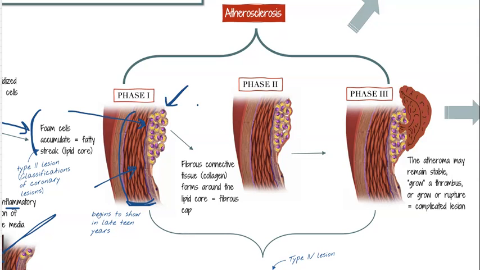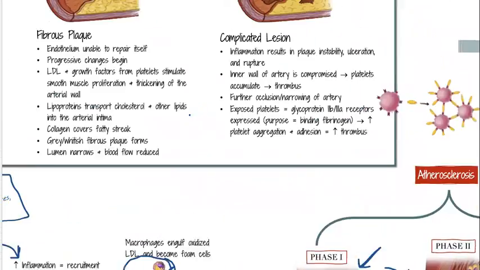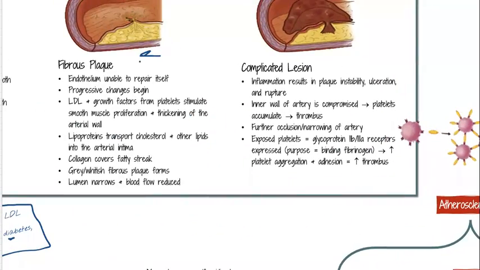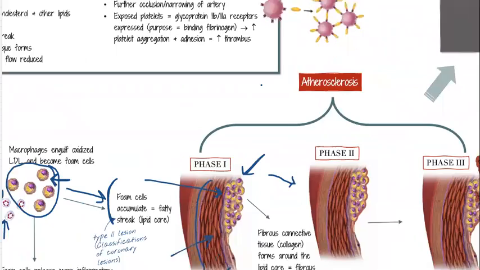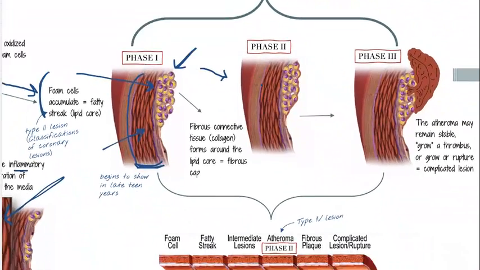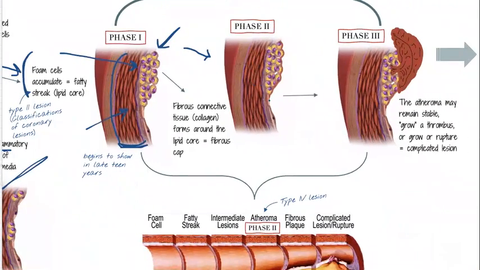Here we have this phase 2, which is basically, if you look up here, that fibrous plaque stage right here. It's where that collagen has started to grow up over and develop a cap over top of this fibrous plaque to settle it in.